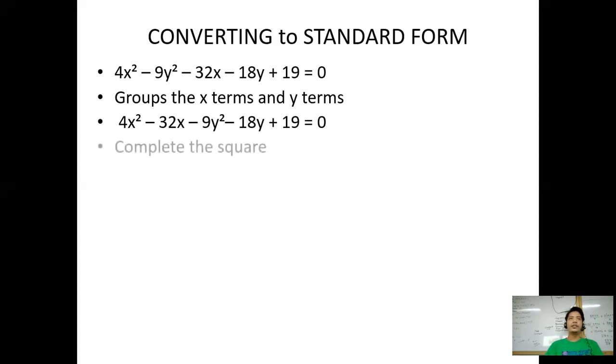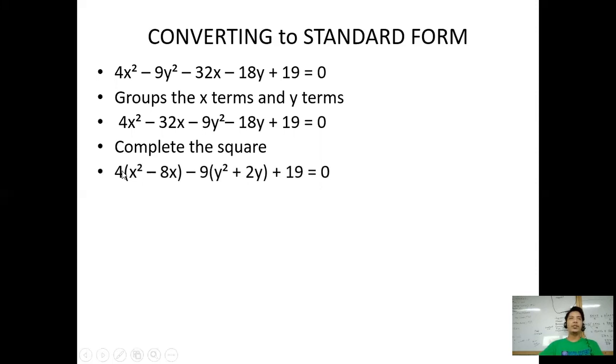So next, completing the square. So dito kailangan ko munang i-factor out si 4x squared minus 32x para makumpleto natin yung squared. So ano ba yung tamang factor para makuha natin yon? Pwede kang sabihin na 4 times x squared minus 8x. Yan. So yan o, 4 times x squared minus 8x para kay 4x squared minus 32x.